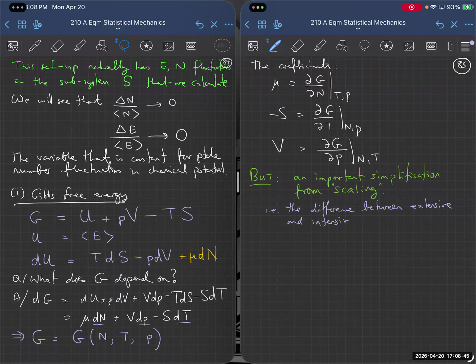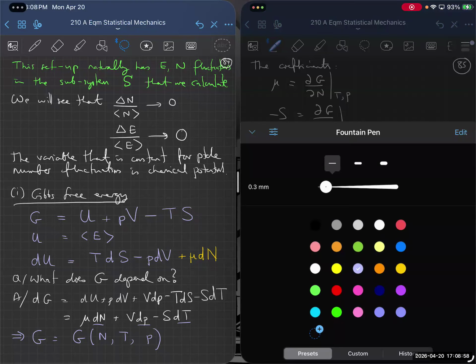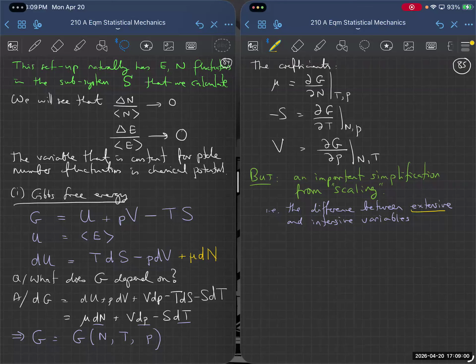When you did your undergraduate course on thermodynamics, statistical thermodynamics, the names of the courses are different, what do you mean by extensive? A variable that is extensive means that the variable is proportional to N to the 1 power, and an intensive variable means that it is independent of N, which means it scales as N to the power 0. In other words, it's a constant.